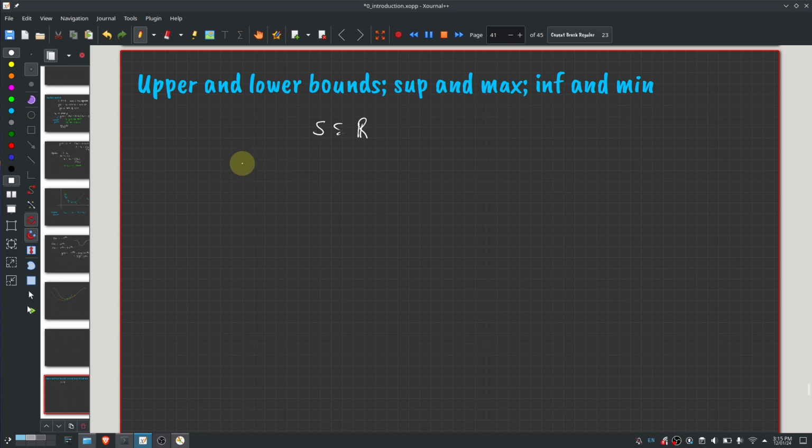What do you mean by an upper bound for S?